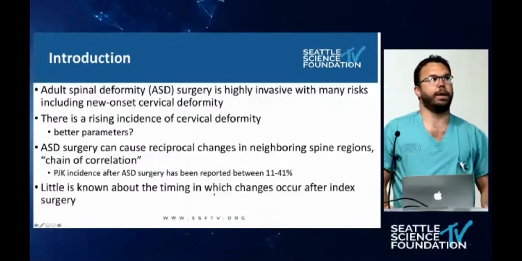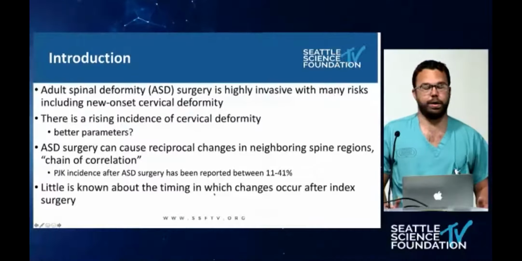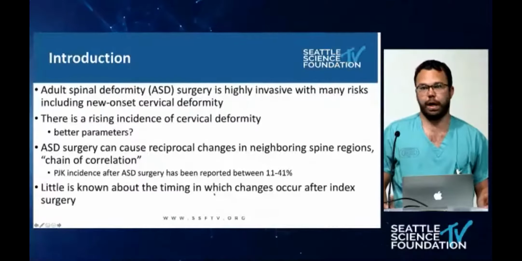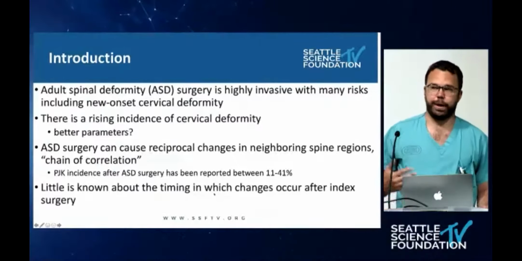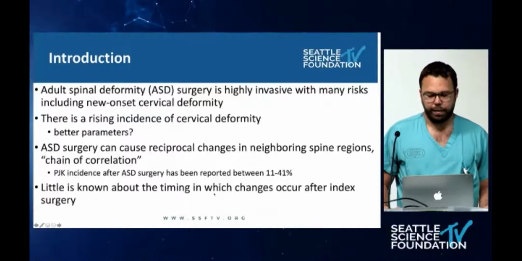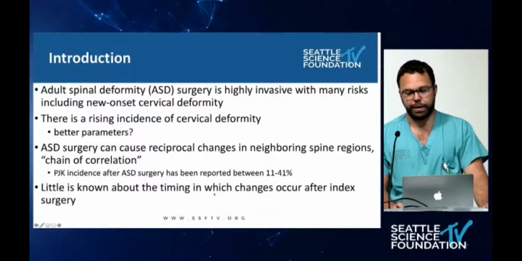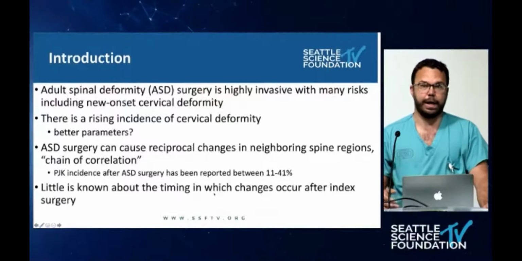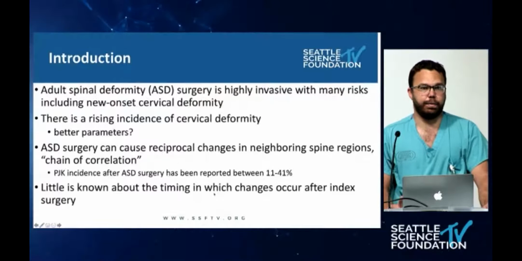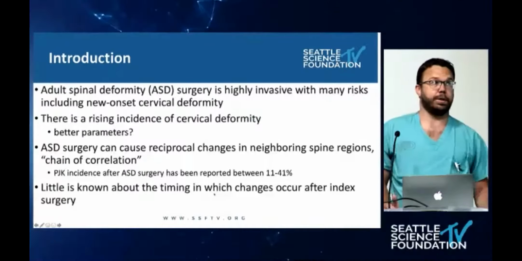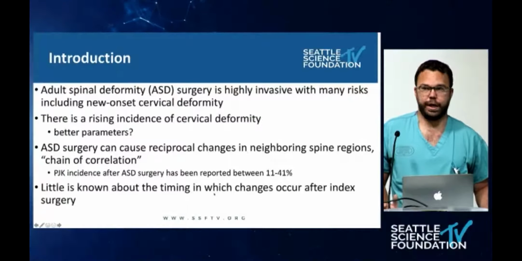As we know, adult spinal deformity surgery is highly invasive and has many risks, including new onset cervical deformity. And there's a rising incidence in cervical deformity that we're becoming aware of. I think this is likely because we have better parameters, better measurements and better classification systems that allow us to recognize when cervical deformity is occurring. And as Dr. Skinner was just mentioning, ASD surgery can cause reciprocal changes in neighboring spine regions as a so-called chain of correlation.